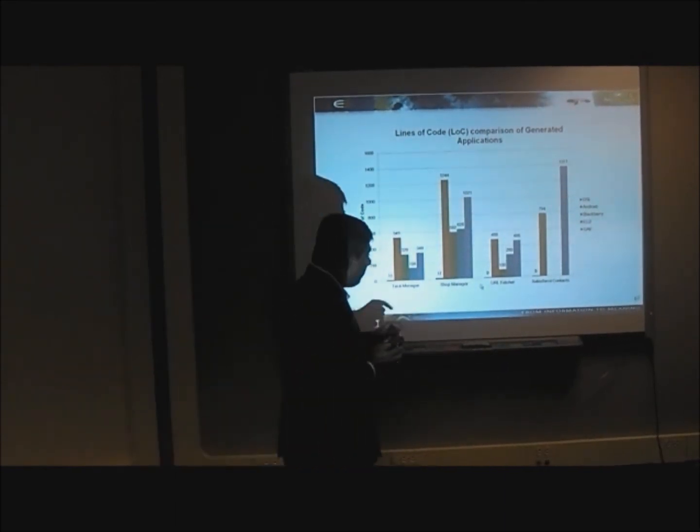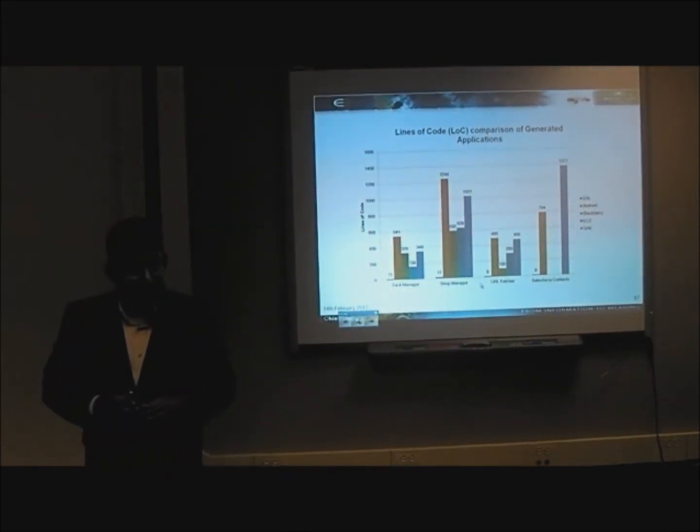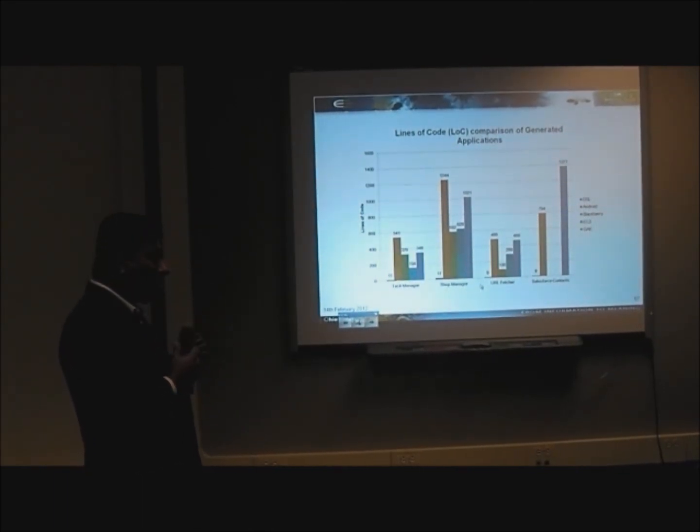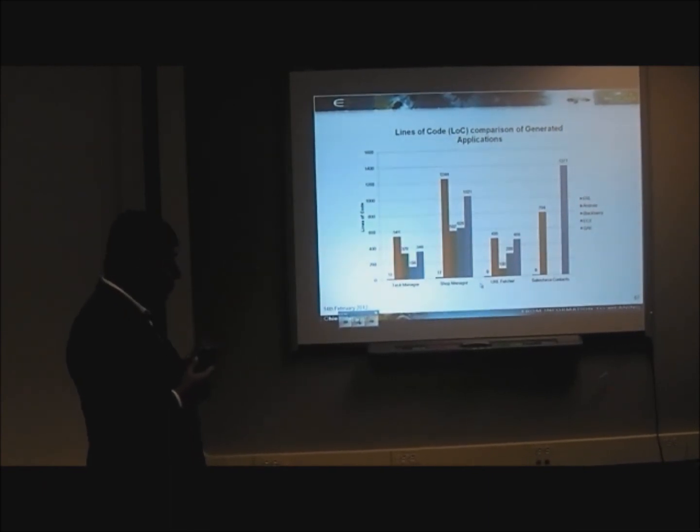And the most important piece is the Salesforce one. It's one of those extensions that we did, so you can integrate a Salesforce backend into your application. When you do that, you see the code goes through the roof, because there's a lot you have to do to integrate with Salesforce.